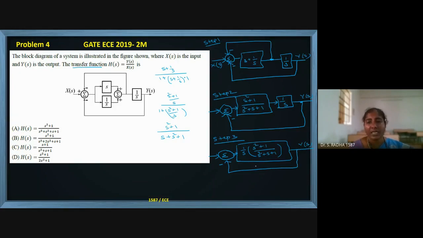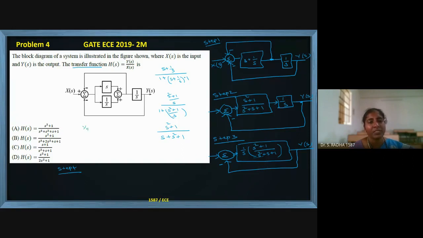Now this is again reduction of negative feedback. Step number 4. I will simplify this by the side. This complete block is G and in the feedback no block is there, so H equals 1. I have to apply G by 1 plus GH.